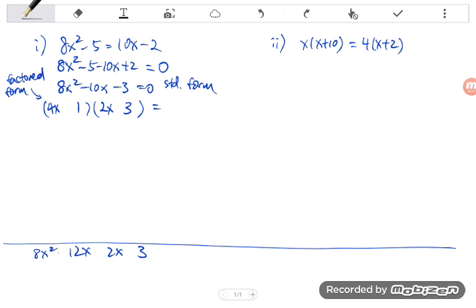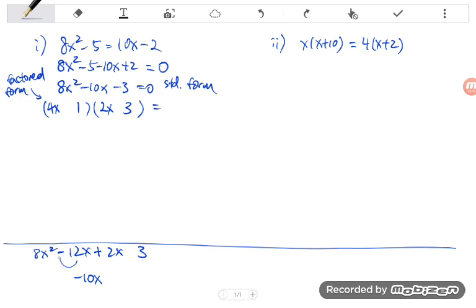Now, if I have this negative 12x plus the 2x, that will give me negative 10x. Right? So I guess that's pretty good. Now, we just have to be careful with the sign. The negative goes to the 12x, and the 12x came from 4x times 3.